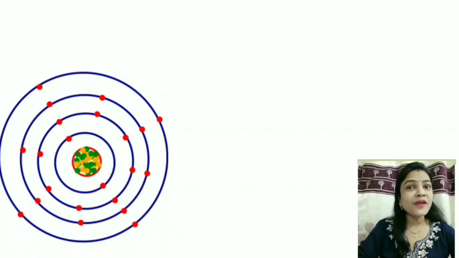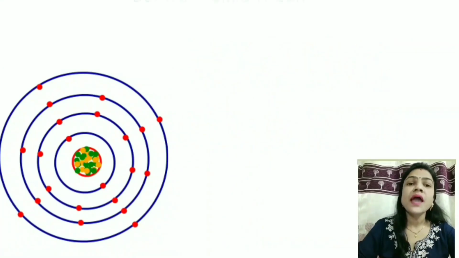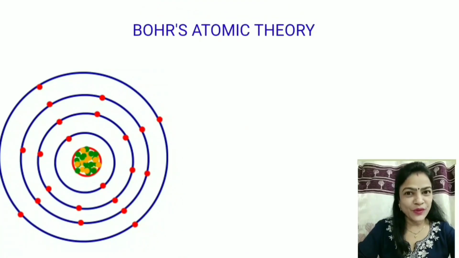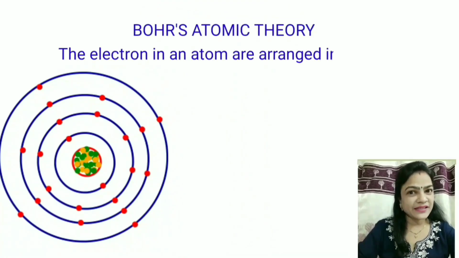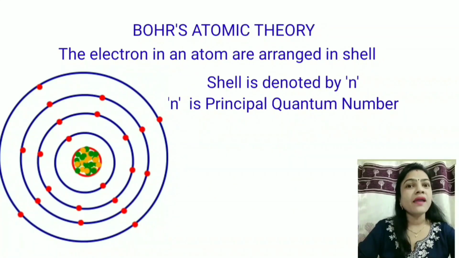Those who have watched my first video can easily recognize what this is. Yes, you are right. This is an atomic structure. According to Bohr's atomic theory, the electrons in an atom are arranged in shells, where the shell is denoted by n.